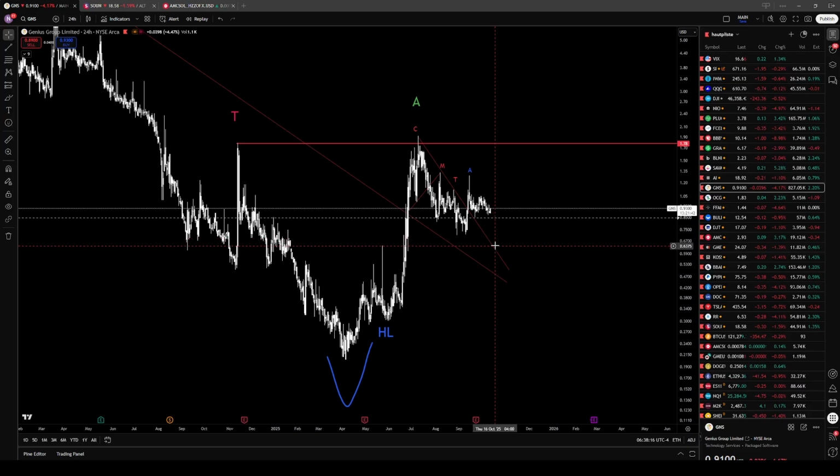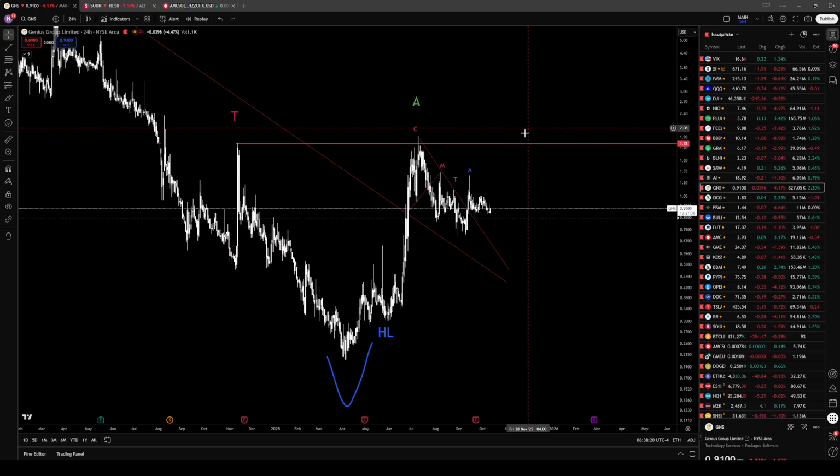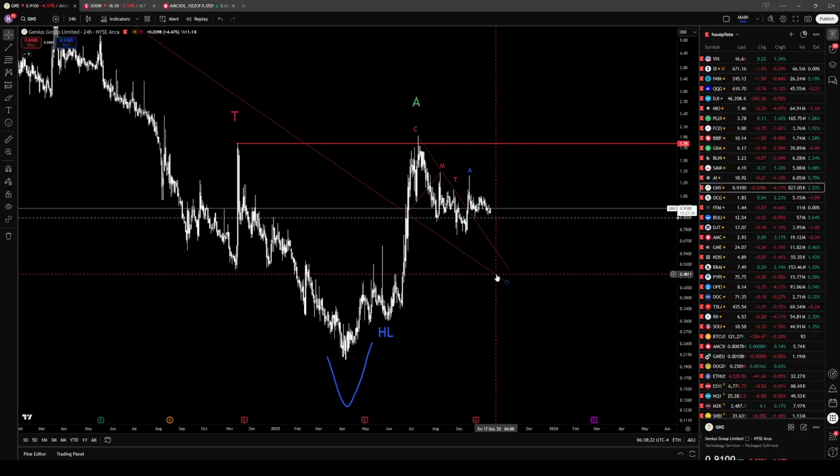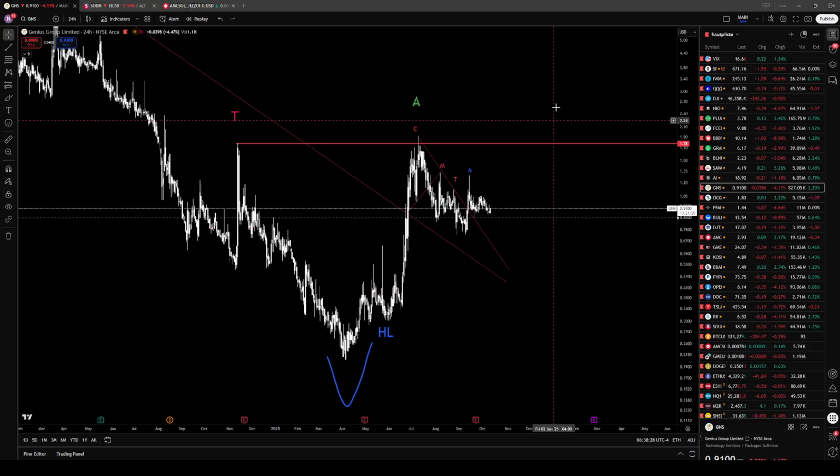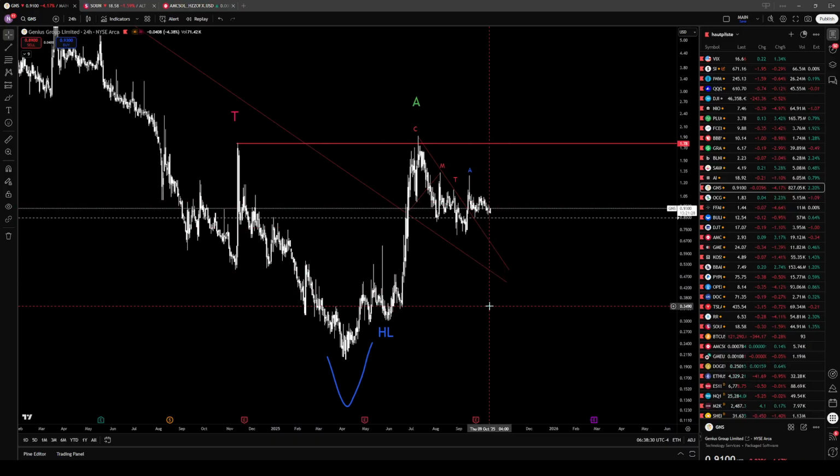And your first target would be 60 cents for a bounce, or the next one would be 48 or 50 cents for the A pullback to be finished and then breakout. If you break under, I said 34, but that's already very low.